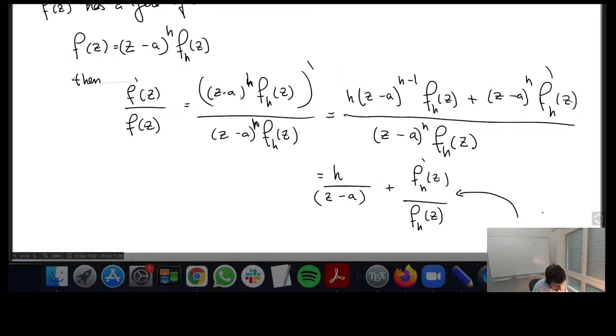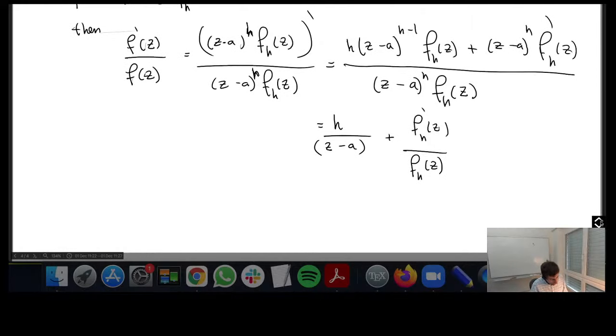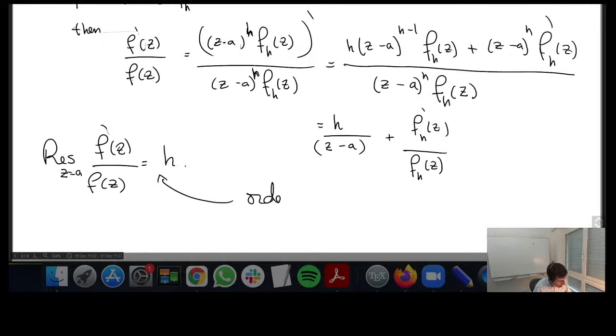This is analytic, because f_h of z is not 0 at a. So not only does this have a pole, but the residue at z equal to a is actually equal to h, the order of the zero.